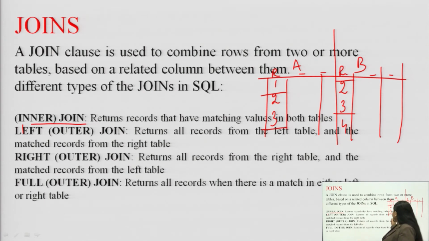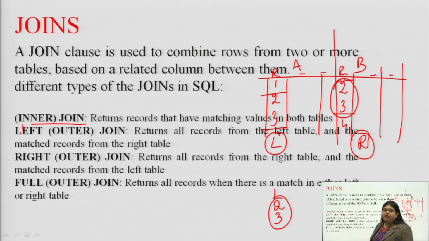So, if this is your left table and this is your right table, what will be the result of the left outer join? We will have 1, 2, 3 all coming from the left table, and from the right table only the matching records, so records of only 2 and 3 will come into the resultant table.